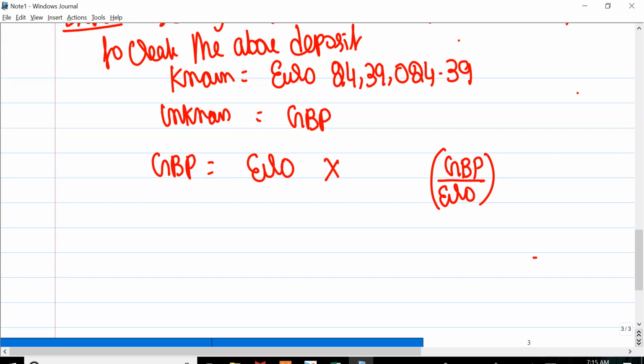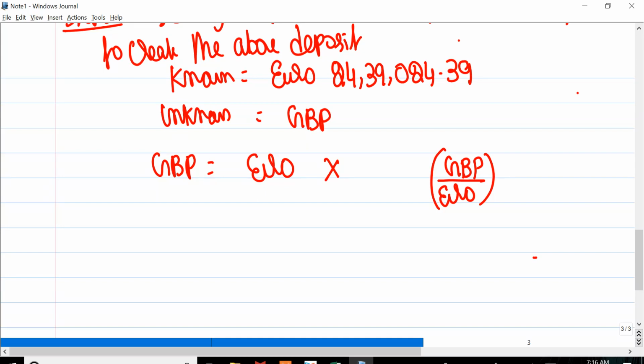I need 24,39,000. It's not that I have it. Last time when we did the receivable, we had 3,42,000 in hand, so we did a direct conversion. Now I don't have 24,39,000 in my hand. I'm going to buy it by taking a loan. Have I taken the loan? No, I'm just calculating.